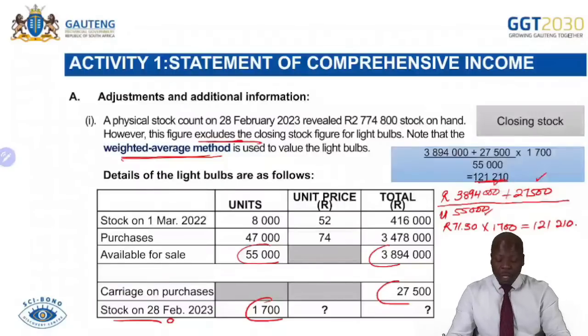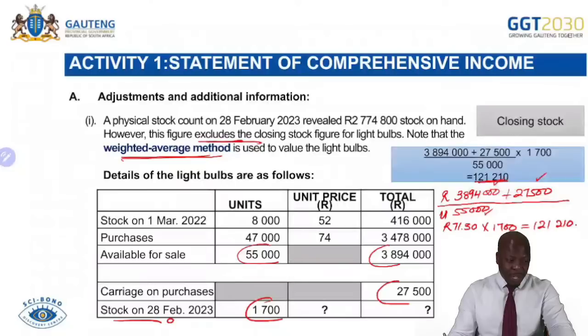121,210. Once you have that, once you have your 121,210, we now need to go and record it. So it therefore means that my stock at the end of the year is no longer only 2,774,800, because I have an amount that I need to include now.